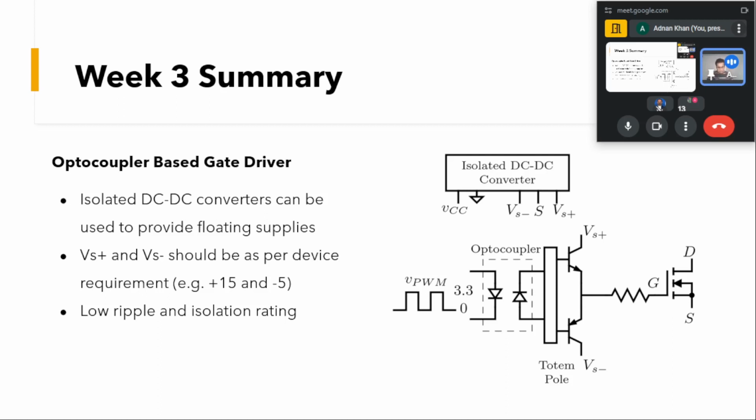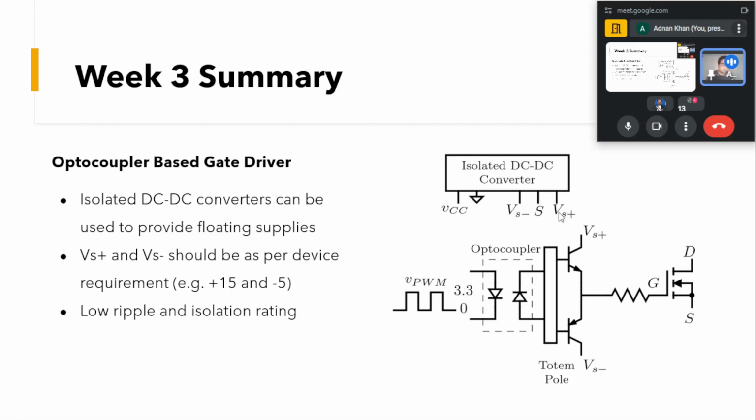converter. So you can have an isolated DC-DC converter, which is usually a flyback, push-pull or forward converter, where we have a primary side where we apply VCC, which is usually 5 volts, 10 volts, 12 volts, as per your availability and need, and at the output we get the two voltages, VS positive and VS negative, with respect to this source. This source is connected to the source of these devices.